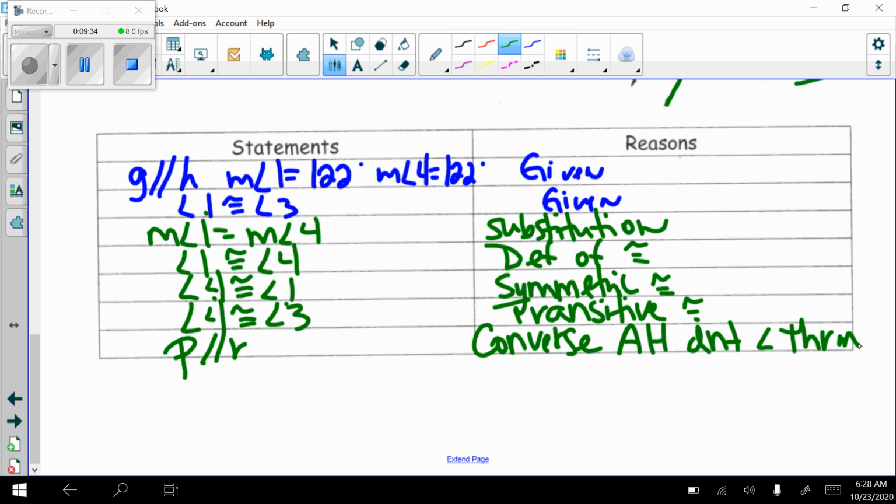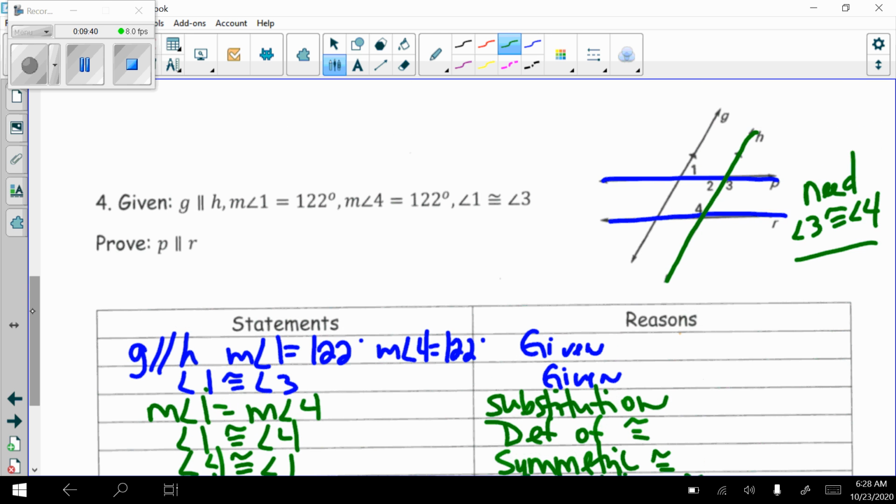So just remember, anytime you're proving parallel lines, you have to use a converse, and it's what kind of angles did 3 and 4 turn out to be? Alternate interior. So since I proved that angle 3 and angle 4 were congruent alternate interior angles, that's one of my rules that proves parallel lines. And so the converse of the alternate interior angle theorem tells me that the two lines are parallel.